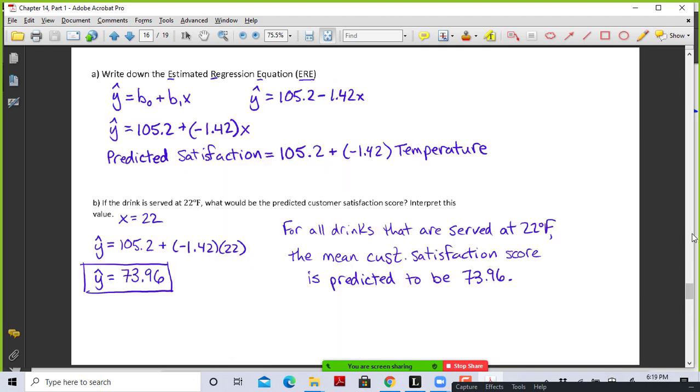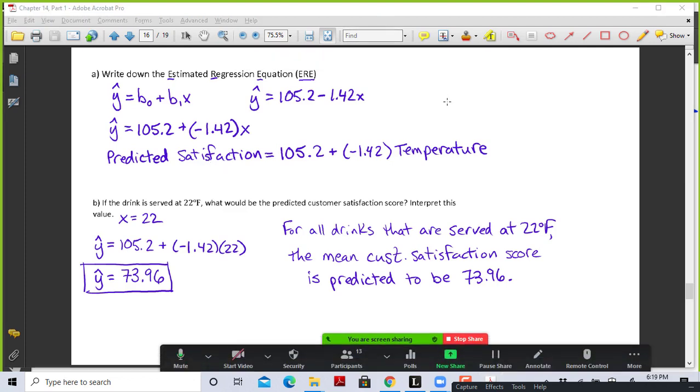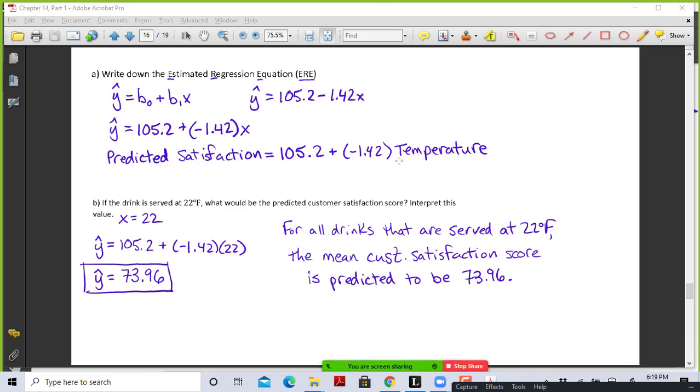And here in this example, the slope is negative. So this is predicted satisfaction, which is dependent on temperature, right? Let's say the temperature is 22 Fahrenheit. Then you plug 22 into the formula, and you get the predicted satisfaction.